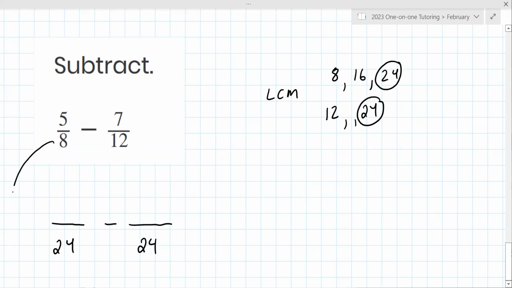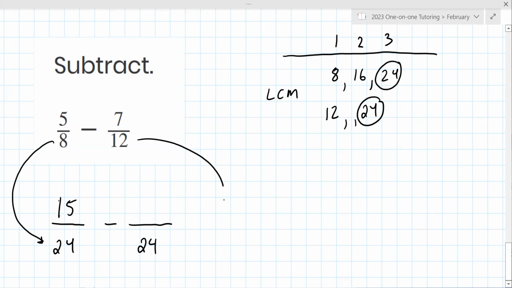What do you multiply 8 by to get 24? By 3. And you see how it's the third number in the list? So you're going to multiply the 5 by 3. What is 5 times 3? 15. How do you go from 12 to 24? What do you multiply by? Multiply by 2.